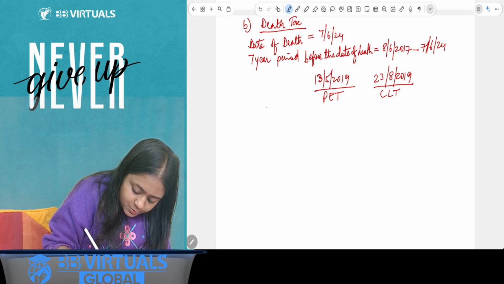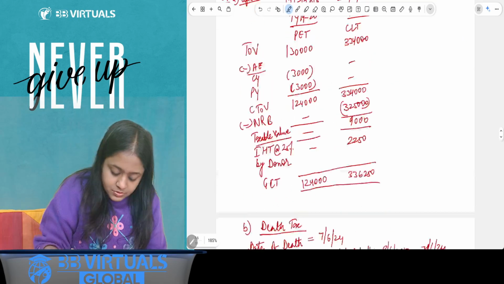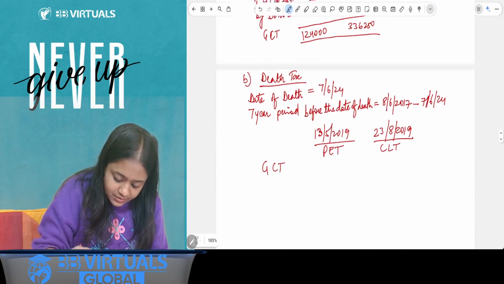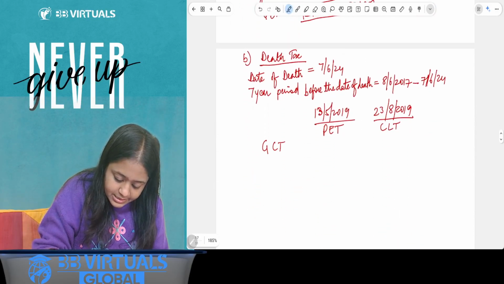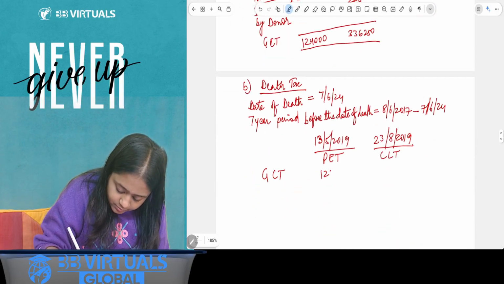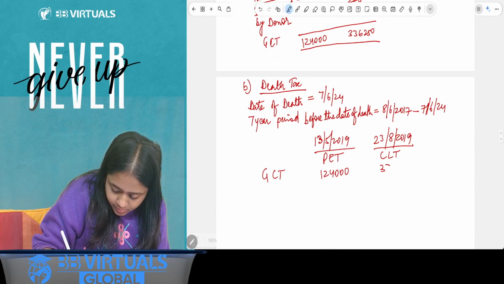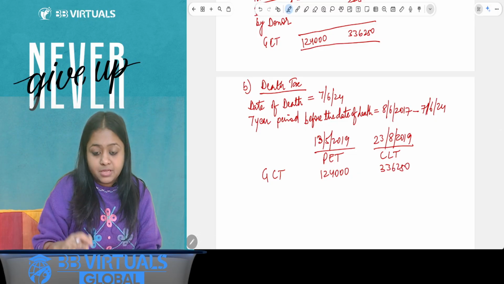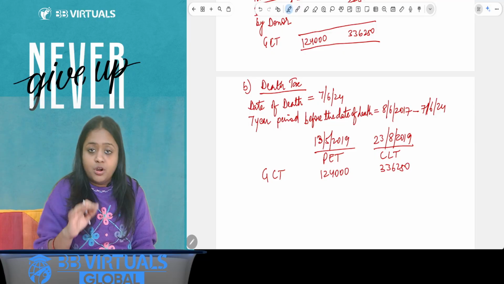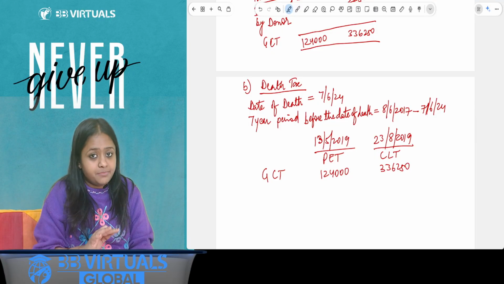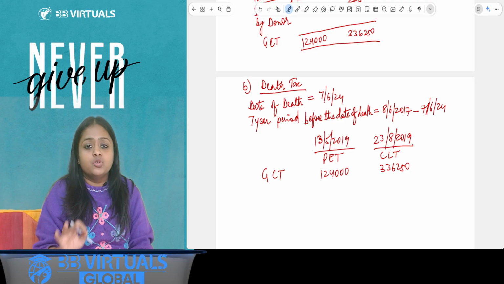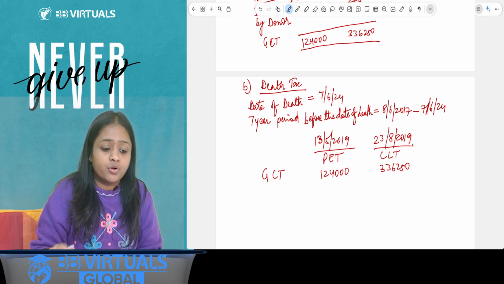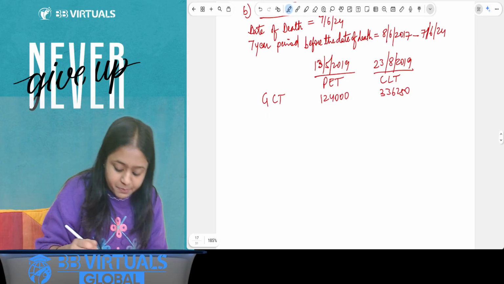Now I will start with GCT only. So here my GCT was 1,24,000 and here 336,250. And please remember, this PET is chargeable. It is not exempt, because if the PET did not fall in this 7 years, then it was exempt, and NRB will also not be reduced by exempt PETs. Correct? We already know that it is reduced by chargeable PETs.